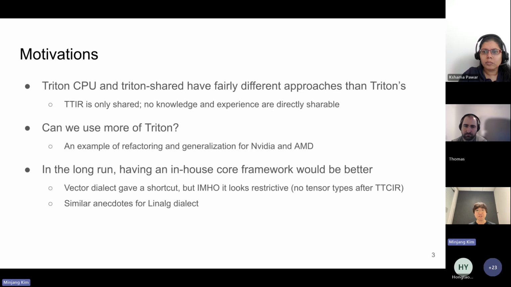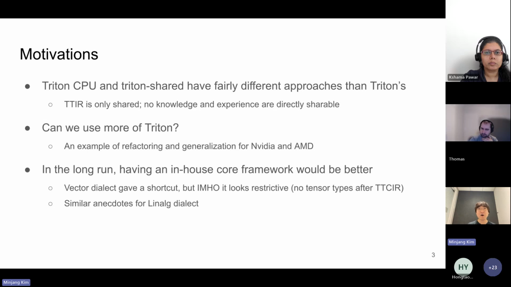And this might be controversial, but I do believe that in the long run, having an in-house core framework would be better. For example, for Triton, we use our own dialect, our own implementation, and do not rely on the upstream dialect. The vector dialect was a really good shortcut for the first version of Triton CPU, which works very well.